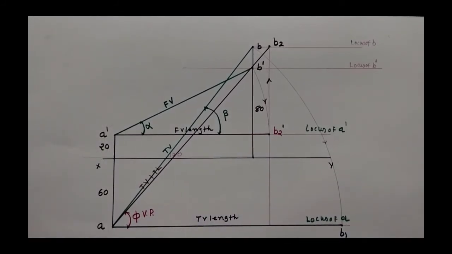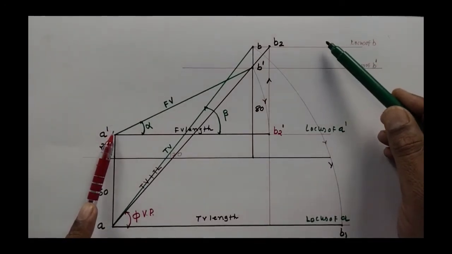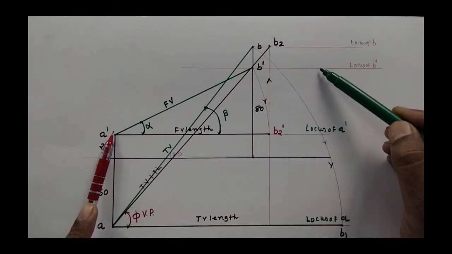Now we know AB1 is our top view length, and its elevation A dash B1 dash is a line inclined to HP.